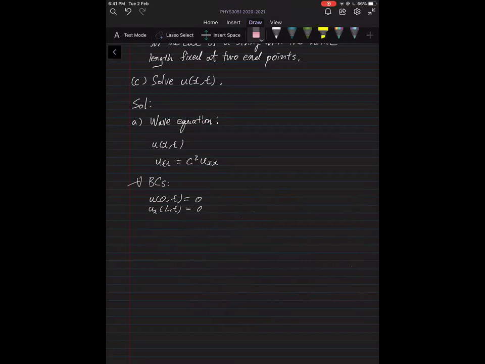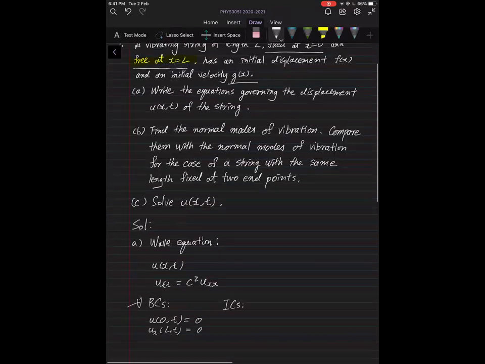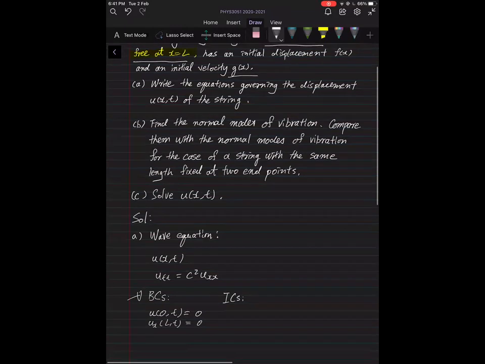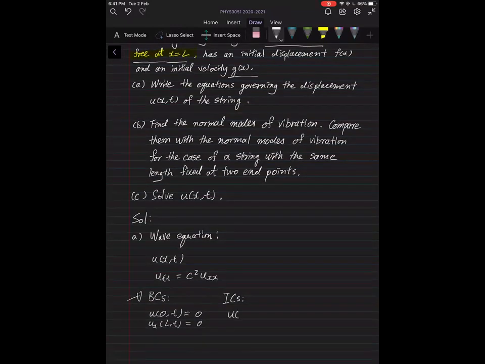Okay, so besides the boundary conditions, we also have the initial conditions. Here we have the initial displacement equal to f(x), so it is u(x,0) equals f(x).